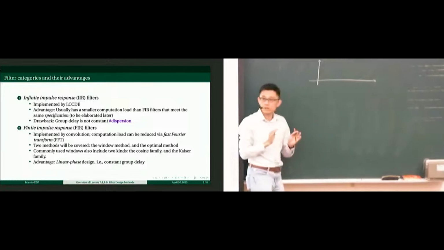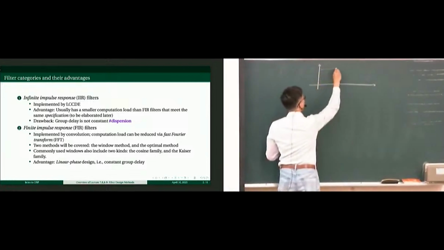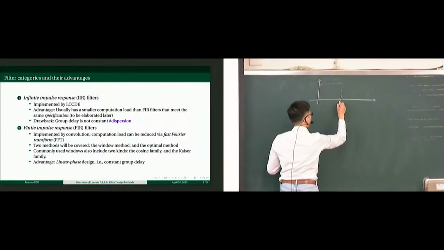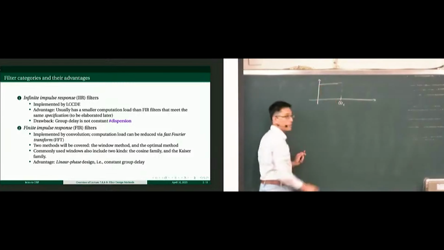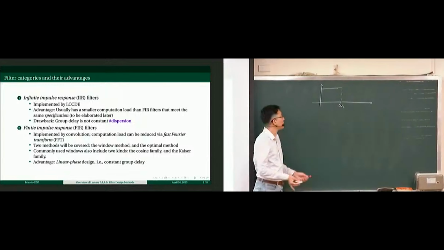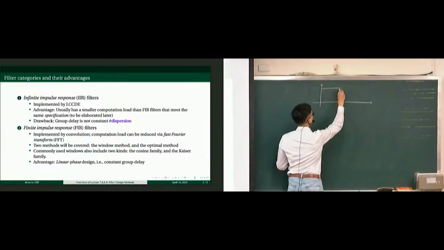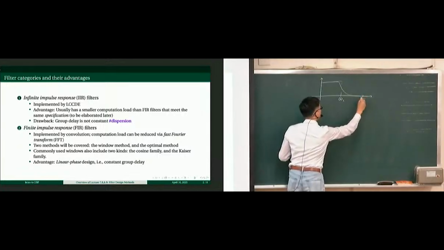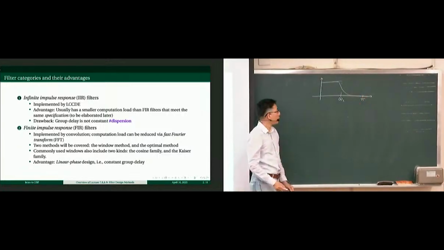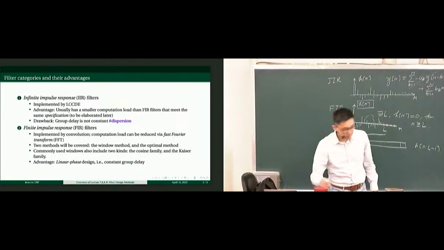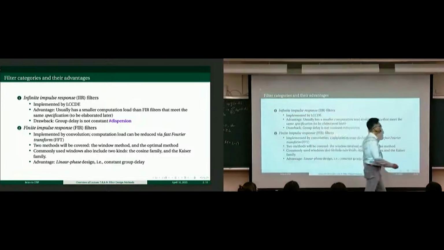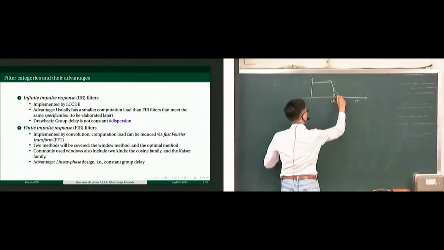Let's say we design a low-pass filter, and there is a spec that we want to have a corner frequency right here, a cutoff frequency, where below that is the pass band, and above that is the stop band. And then your IIR design may lead to a performance like that, with the high frequency being pi. So that's your IIR design. And your FIR design may lead to similar performance, also a nice approximation, but with some ripples.